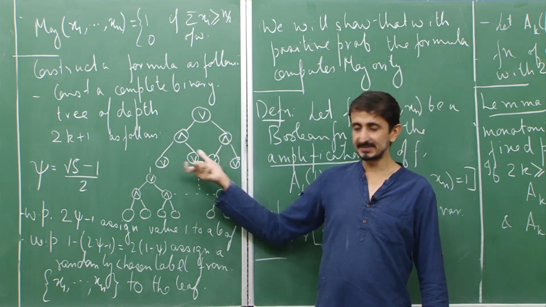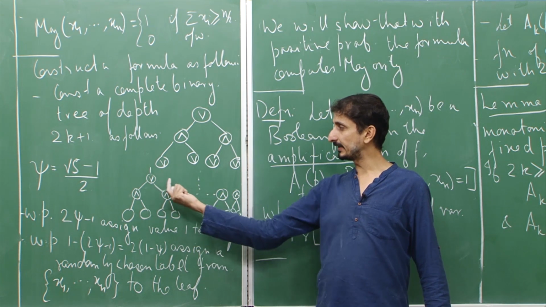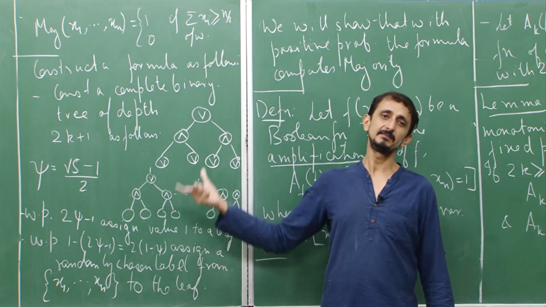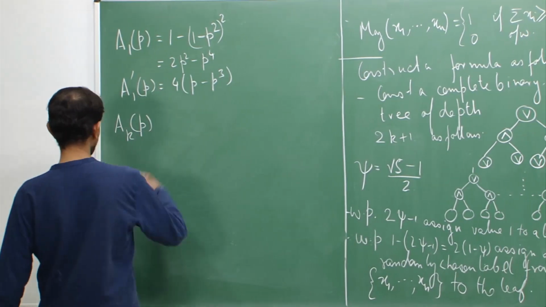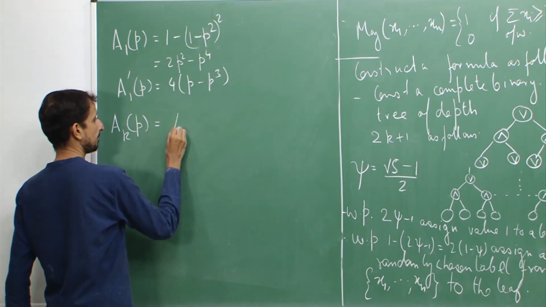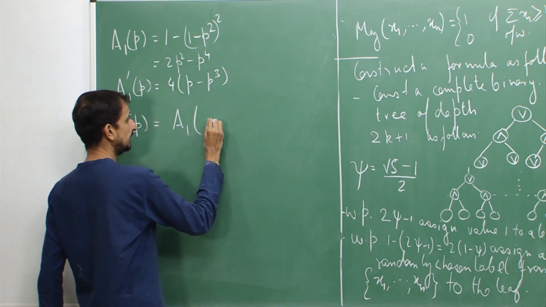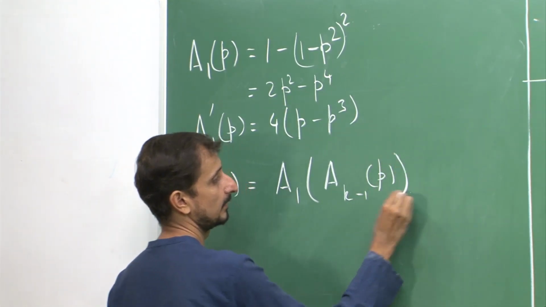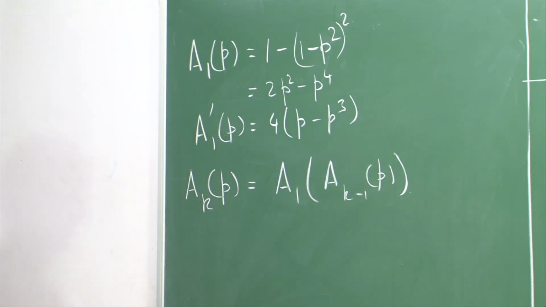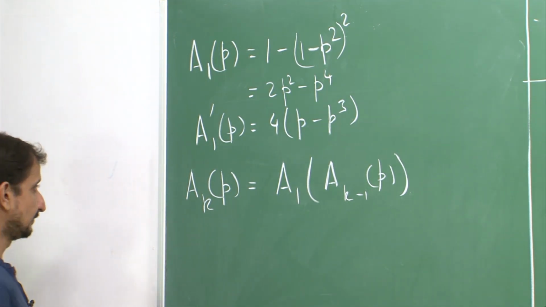It will happen in the same way, right, because instead of p, now I will have A1 of p that I am taking for those 4 nodes, and the same way I compute A2 of p. So, in general A k of p will be A1 of the quantity A k minus 1 of p. So, this can be defined recursively in terms of A k minus 1.